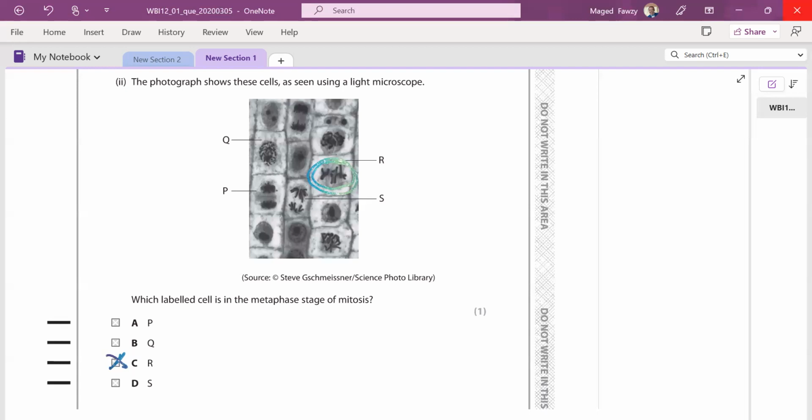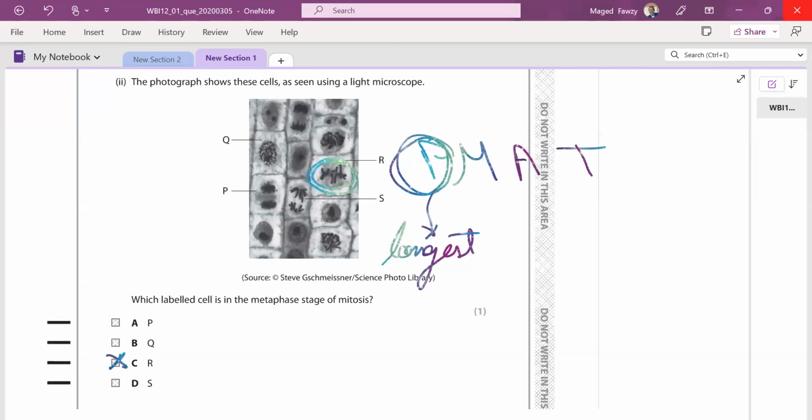The prophase is considered the longest phase. P is the telophase. Let's write PMAT so you remember them. The prophase is the first phase in the mitotic division and it is the longest phase, in which the genetic material prepares itself and the cell prepares itself for the division.